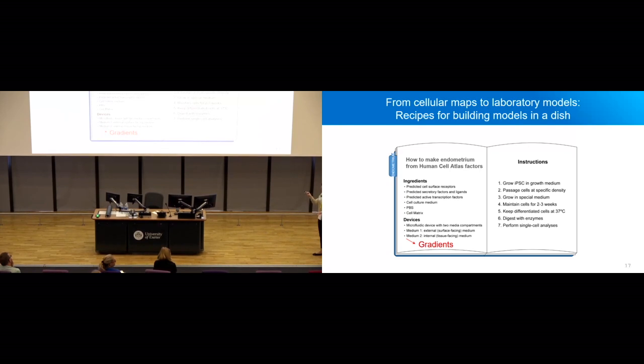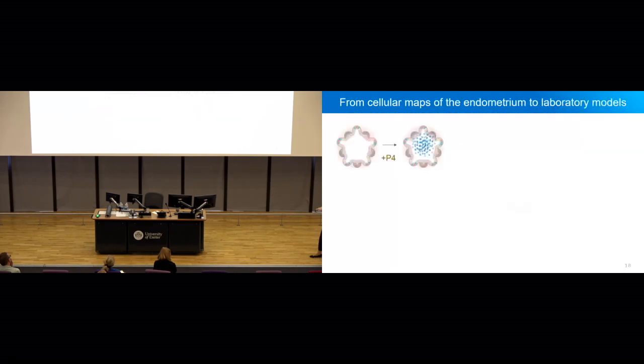And I want to give you some insights into how we are really going into these gradients and how we can transform them into better in vitro models, also considering all the advances in microfluidics methods. For example, the current organoids have 3D structures, and under stimulation with hormones, they can become secretory, which is great.